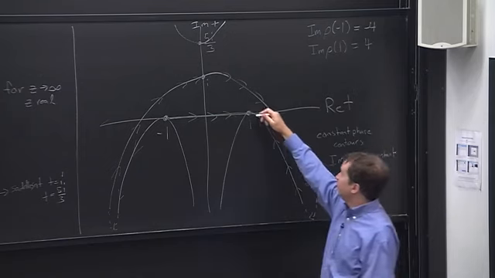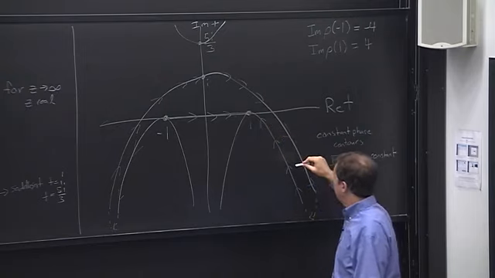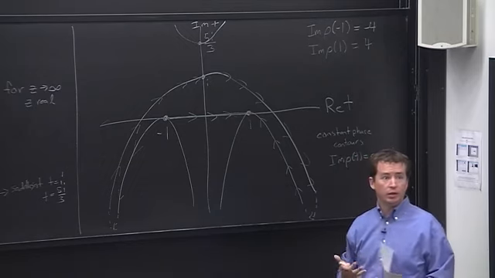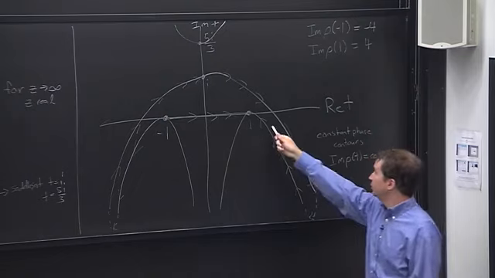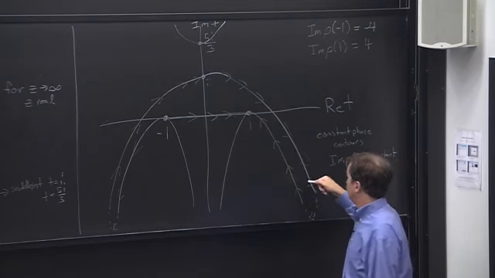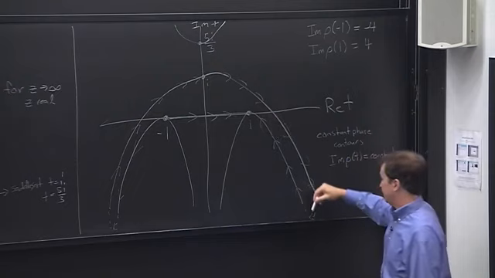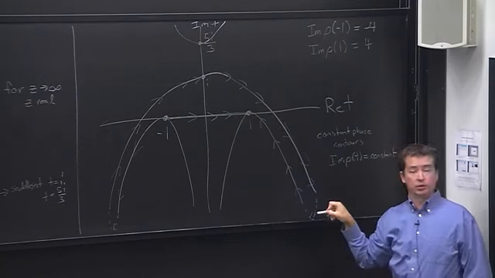And now we know our constant phase contours are contours in which our integrand is increasing or decreasing very rapidly. So if our integrand was increasing very rapidly in this direction, then the integral on this part of the contour would be divergent.